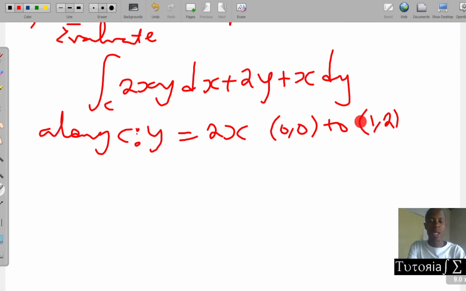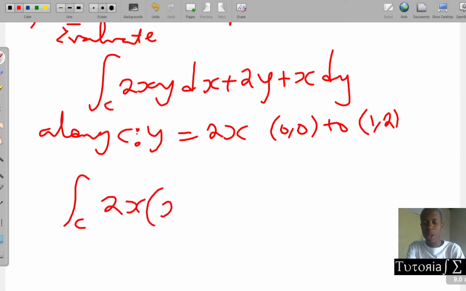I'm going to teach you how to place the limits. Where there is y, we want this to go out, so we just replace y with 2x, so that we have the line integral of 2x times 2x, then we have our dx here.